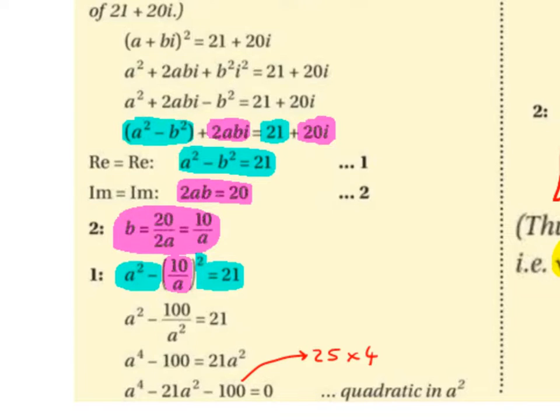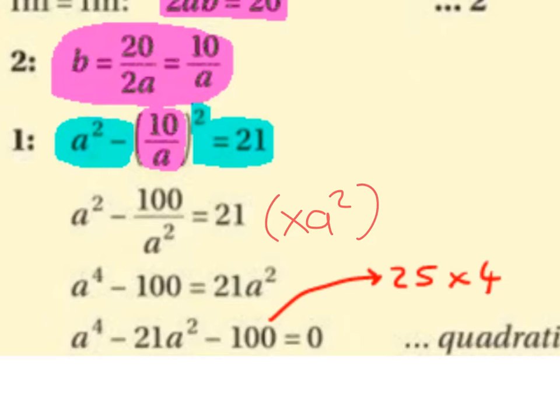(10/a)² is going to give us 100 over a², because we square the top, 10 squared is 100, and we square the bottom, a² is a². a² multiplied by a² gives us a to the power of 4. Minus 100 over a² multiplied by a², the a² will just cancel, leaving us with -100.